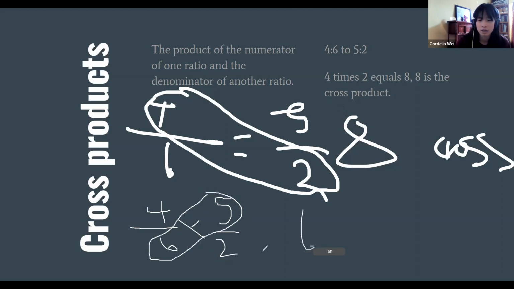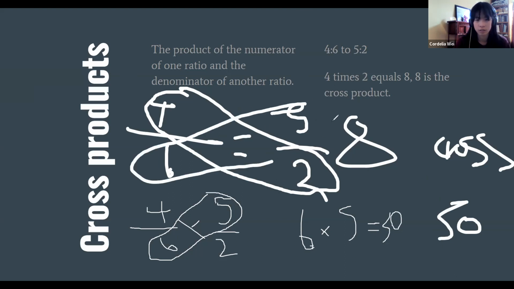Yeah, you're completely correct. 30 is the other cross product because 5 times 6 would equal 30.